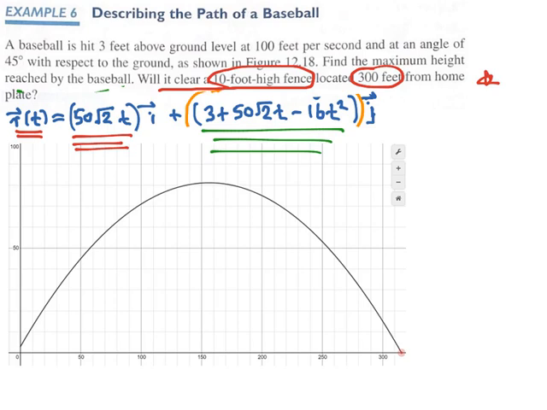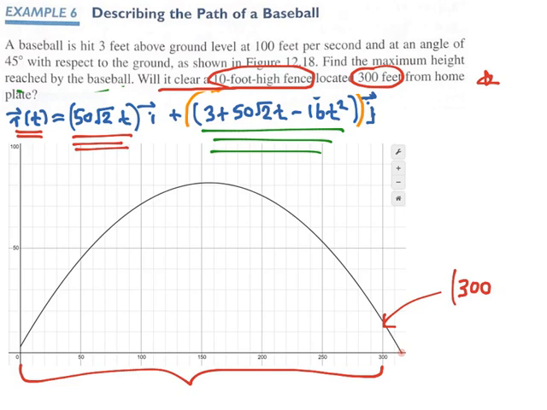So to answer the question, we're really asking when the baseball has traveled 300 feet from home plate, what would be the height of the ball above the field at that time?